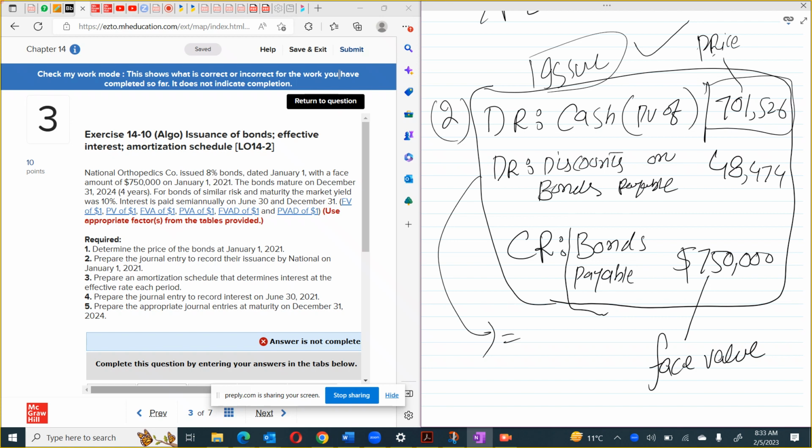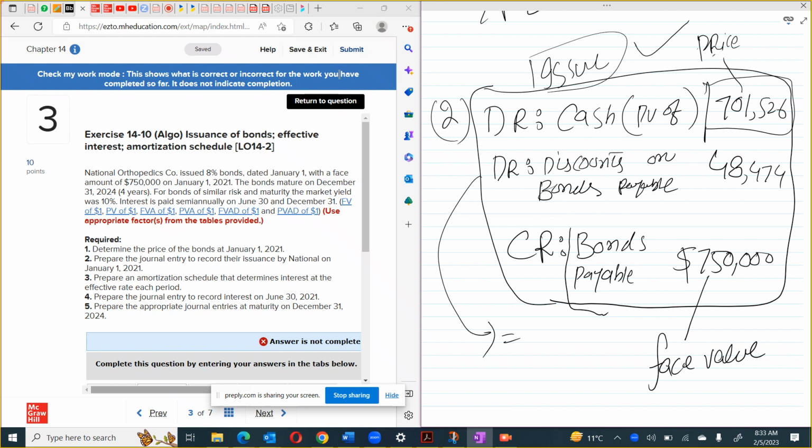Because if the cash interest is the same and the increase in balance is the same, then the recorded interest must be the same. So what is the formula for recorded interest? Recorded interest, remember, is cash interest plus the increase in balance.